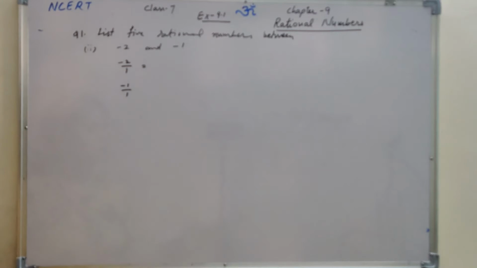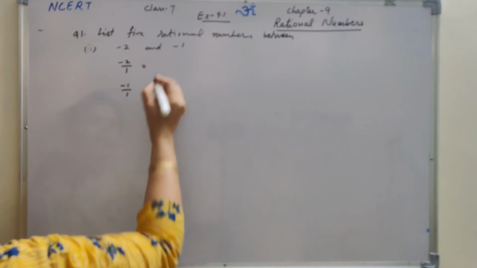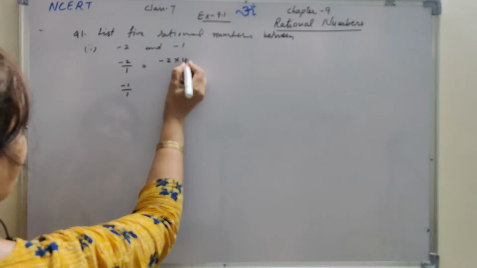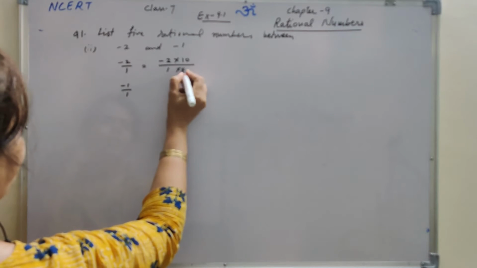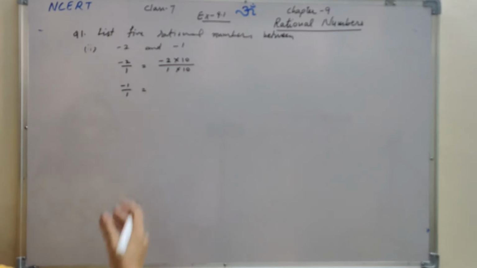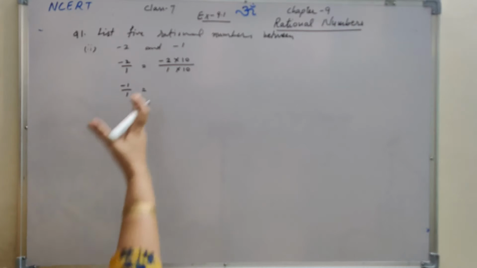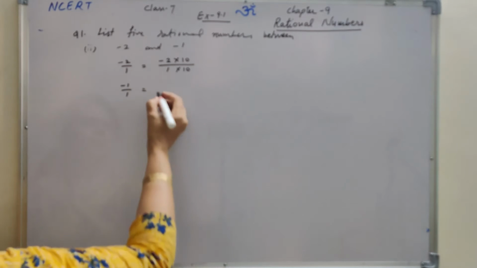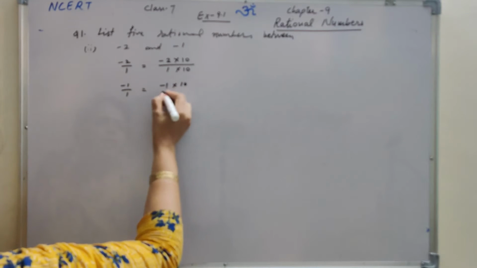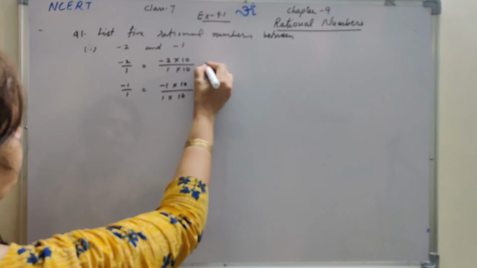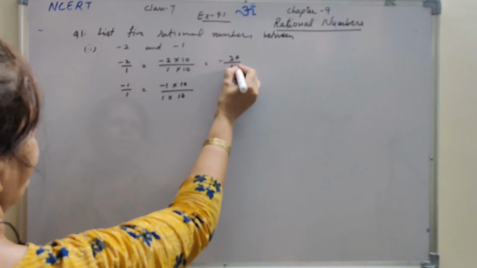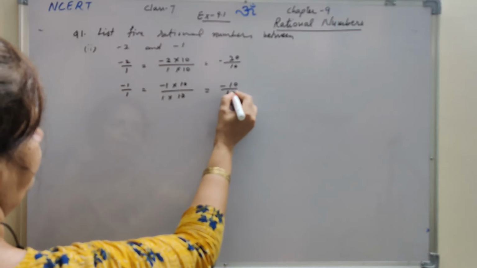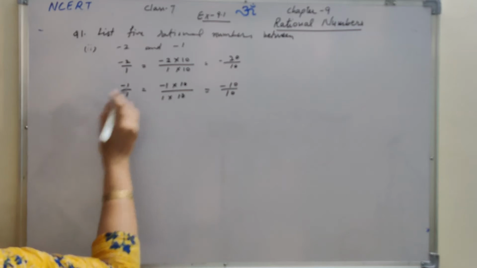I will convert them into their equivalent rational number, and that I can do by multiplying both the numerator and denominator either by 10, by 5, by any other number you can do. I am doing by 10 because I want only 5 I need, but this will give me to choose the numbers. And minus 1 into 10 and 1 into 10. This will come minus 20 by 10 and this will come minus 10 by 10. So how many rational numbers I have?